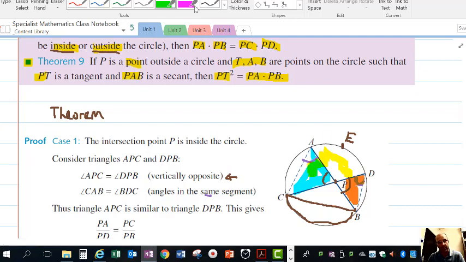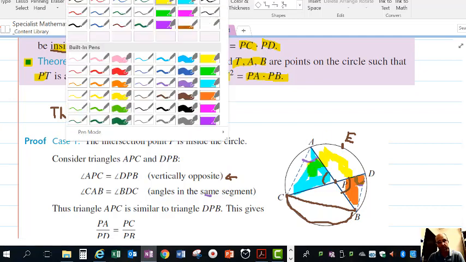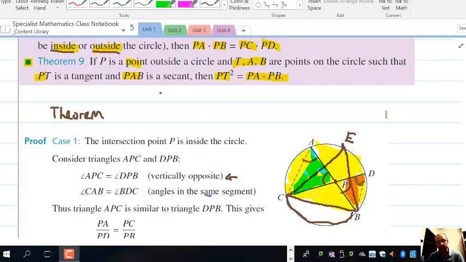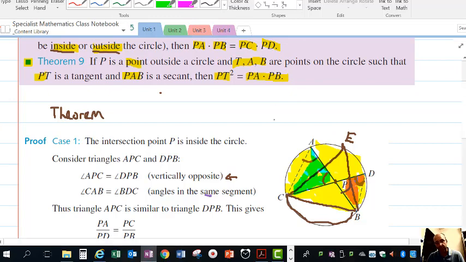Better put in the other chords actually. Okay, basically I'm just repeating Theorem 2. So you would say angle E is an angle in the segment CEB.